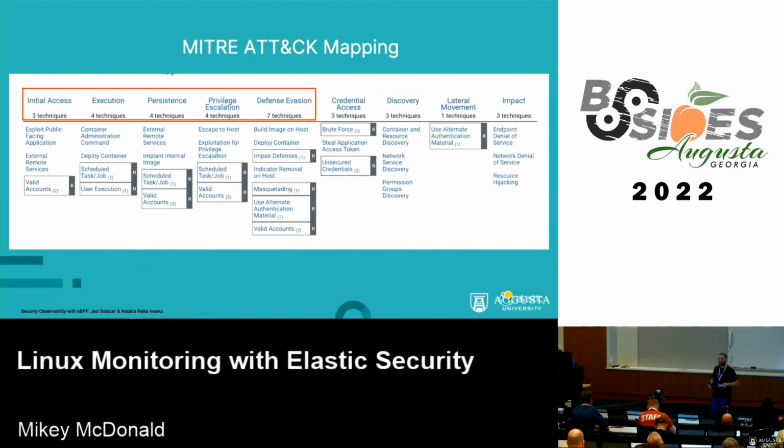What we can do with eBPF is map most of those MITRE ATT&CK techniques inside of the Linux distros. That's what this is breaking out, and that's what those two authors have done for us. And if you need their names or the book at the end of this, I'm more than welcome to give it to you at the tables.